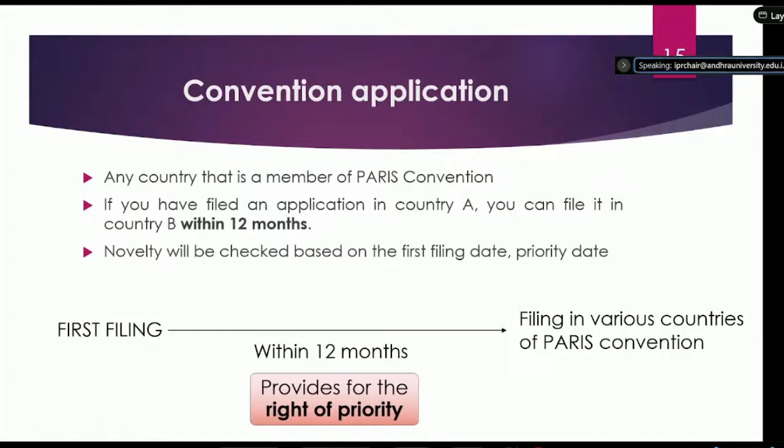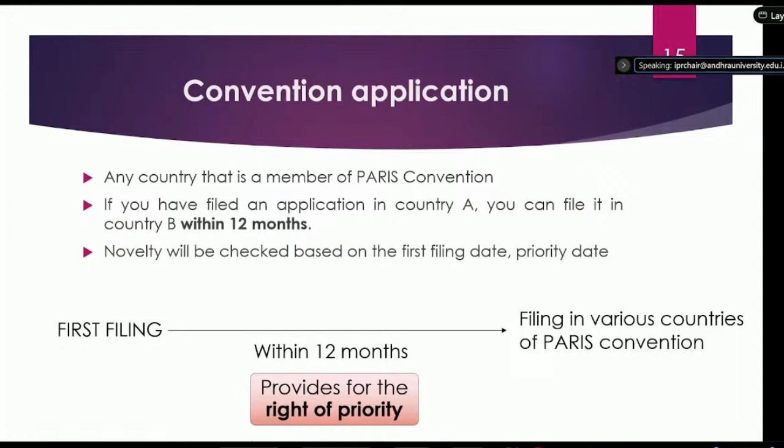So what happens in a convention application? We call it the convention route. So you have filed one patent application in India. Now you realize that your invention has got value in Germany and Japan and US and Brazil. Suddenly you realize that.